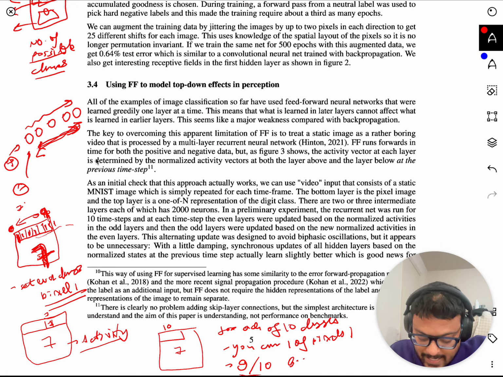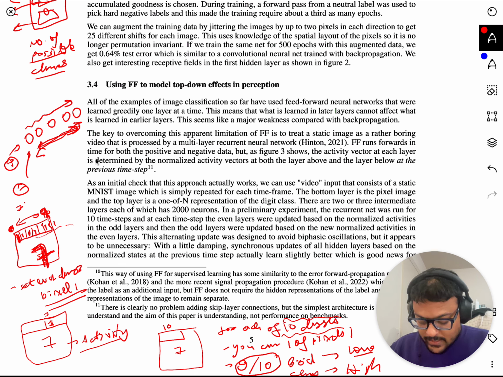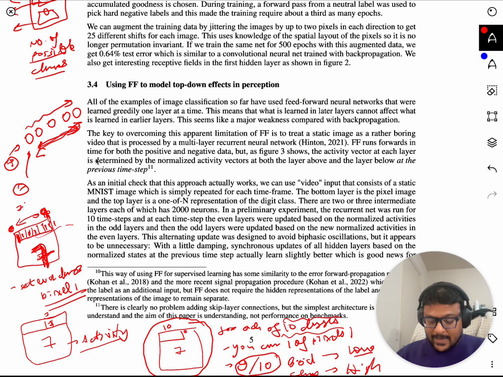So for each of these 10 possible images which you can create out of the image of digit 7 and the 10 possible classes, you can calculate the activity of the neural network. You have an image, it can belong to any of the classes. You set one of the classes as 1 and forward it through the neural network.